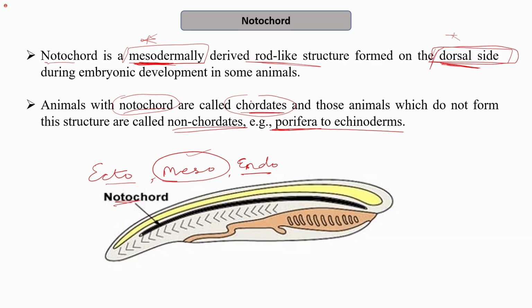Therefore, we belong to the category chordates, while the organisms that lack this notochord belong to non-chordates. For example, the animals belonging to phyla Porifera to echinoderms.